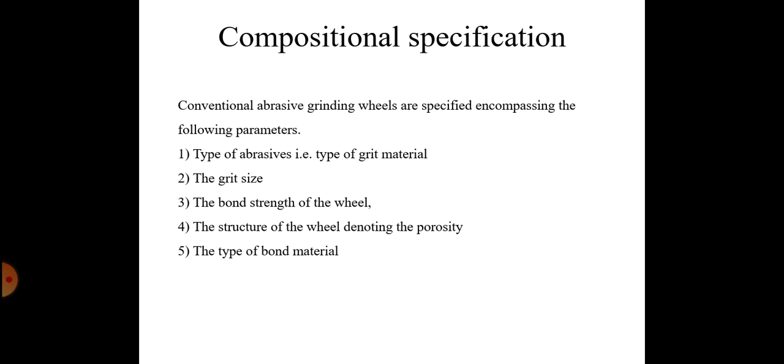Third is the bond strength, the grade. Fourth is the structure of the grinding wheel, denoting the porosity. Last one is the type of bond material. Now we will see the parameters one by one. According to these parameters, the grinding wheel is specified.